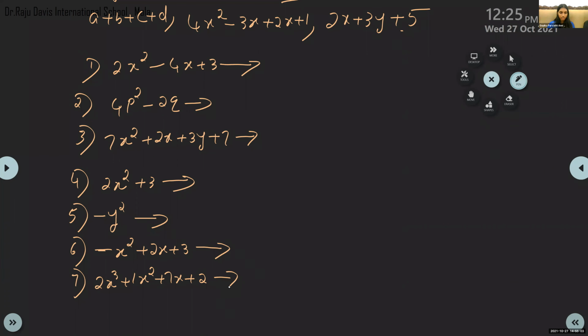Completed. Okay. Karthik, first one, 2x square minus 4x. Which one? Not clear, Karthik. Trinomial. Okay. Aisha, second one.